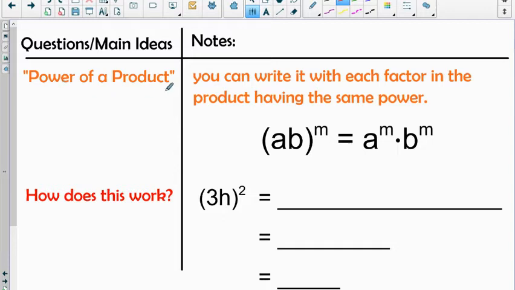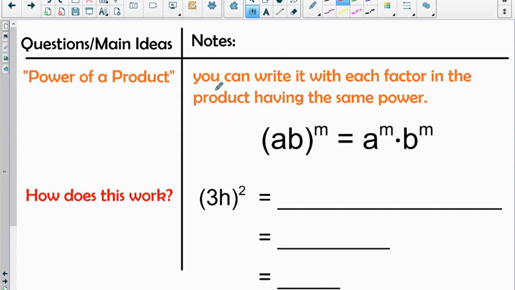A power of a product means that you're raising to an exponent something that shows multiplication. So as an example here, we have two things being multiplied, two factors, a times b, and because they're grouped together in grouping symbols and then raised to the power, that's power of a product.